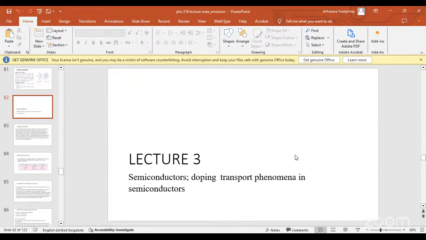Can be used as amplifiers. Okay. Someone else should tell us one or two advantages of vacuum tube.